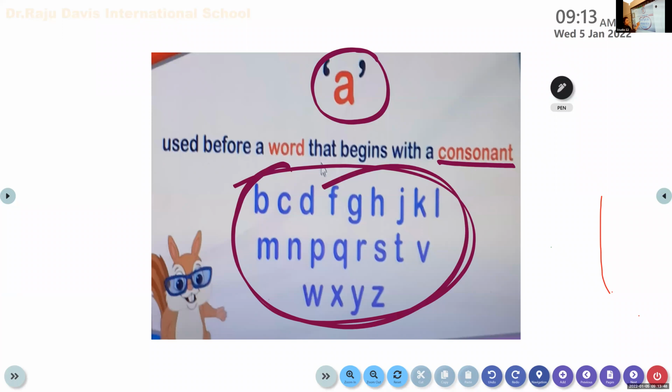So B, C, D, F, G, H, J, K, L, M, N, P, Q, R, S, T, V, W, X, Y, and Z. They are 21 in number, and they are called consonants. If a word begins with these consonant letters, we have to use "a" before the word. Clear? Now let's move on to the examples.